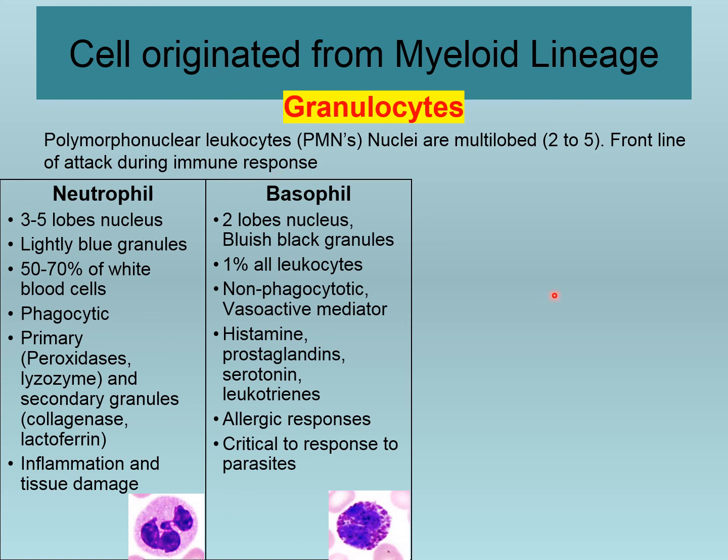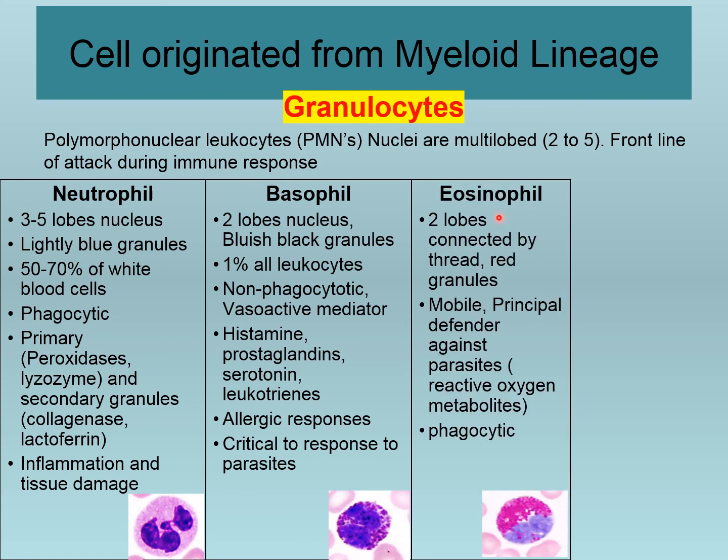The third type of granulocytes we're discussing are eosinophils. They are named eosinophils because the granules in the cytoplasm react with the acidic dye, that is eosin. Their nucleus is two-lobed and connected by a thread, and the granules are generally stained red in color.